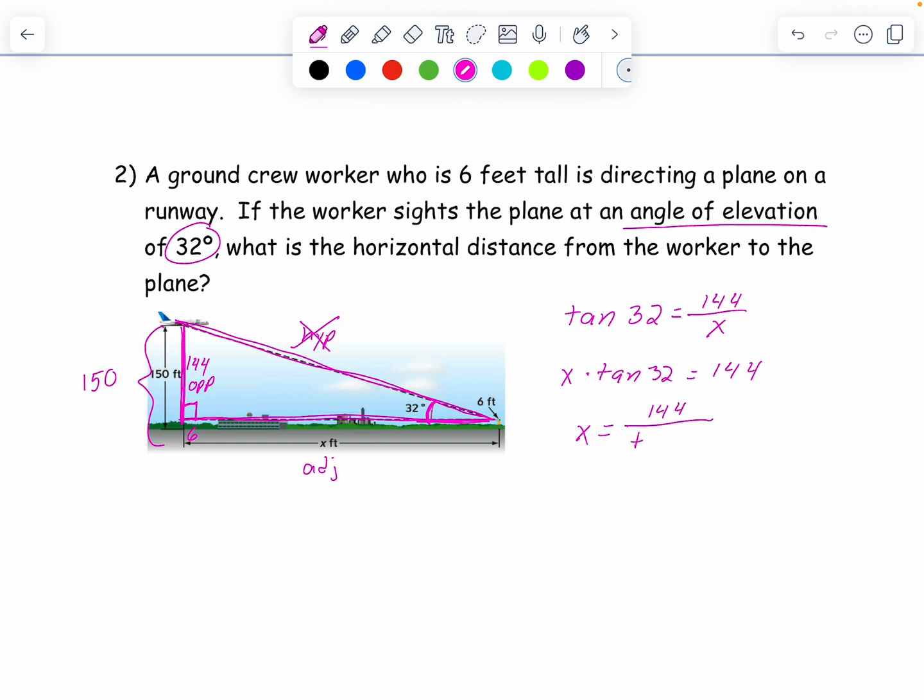So x is going to be 144 divided by tangent 32. And we're going to type that in our calculator. So we have 144 divided by, hit the tangent button, 32, close our parentheses, and we get that that is approximately 230.4, and then this was measured in feet. And there we go.